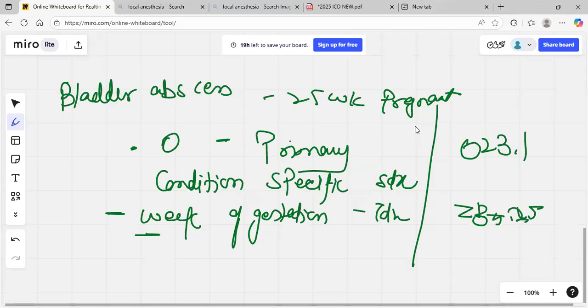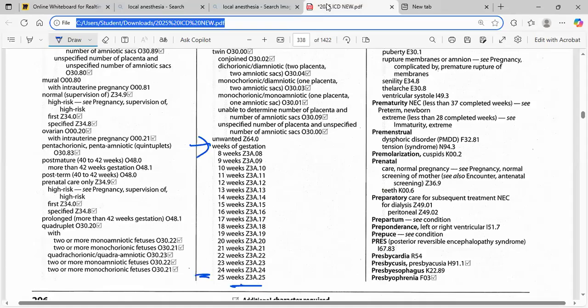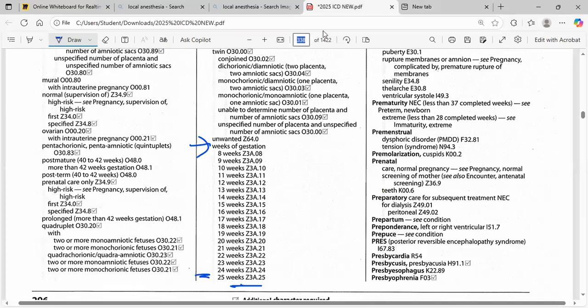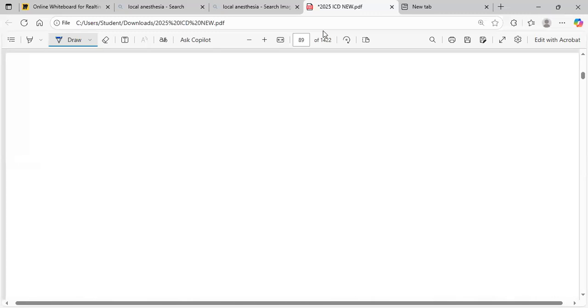Now we have to look for the condition specific diagnosis also. To find out the code for the condition specific, we have to refer the condition in the index only. So the condition is abscess. So we will try to find the code for abscess in the index.